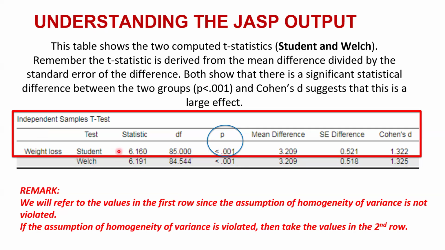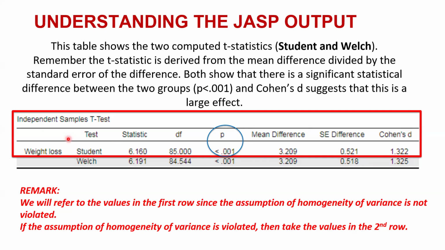The first row represents the Student t-test. The second row represents the Welch t-statistic. This table shows two computed t-statistics, Student and Welch. Remember, the t-statistic is derived from the mean difference divided by the standard error of the difference. In this case, both would indicate that the p-value is less than 0.001. And then the Cohen's d is also represented.